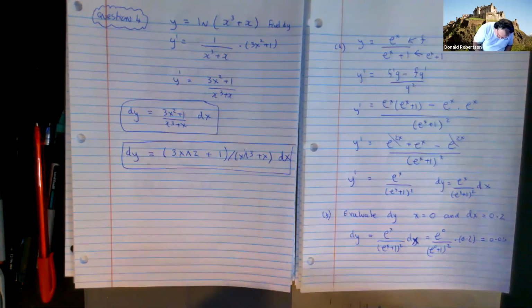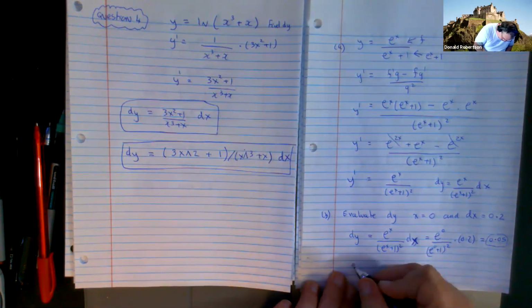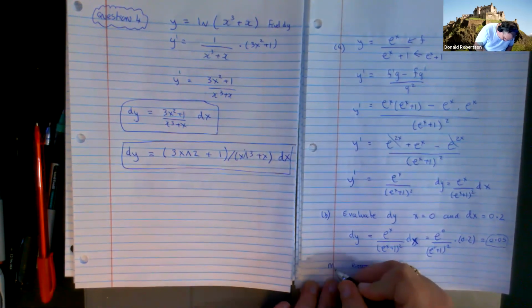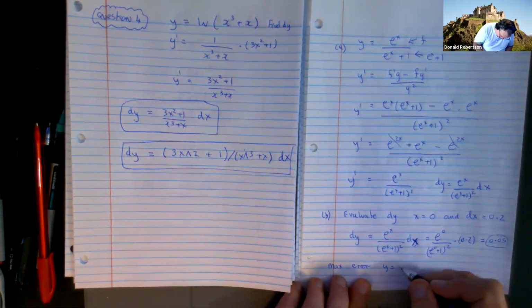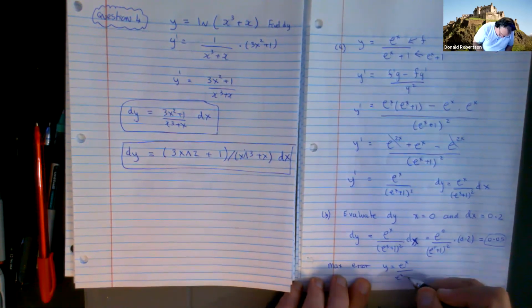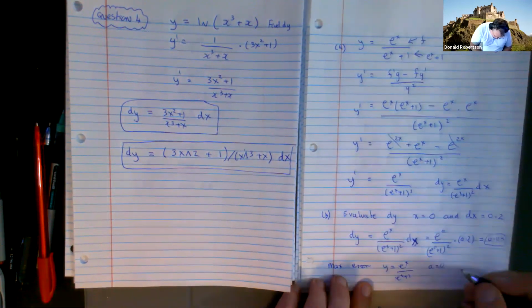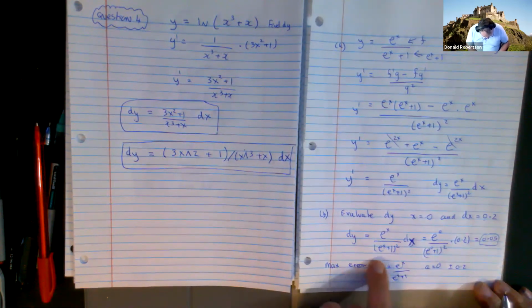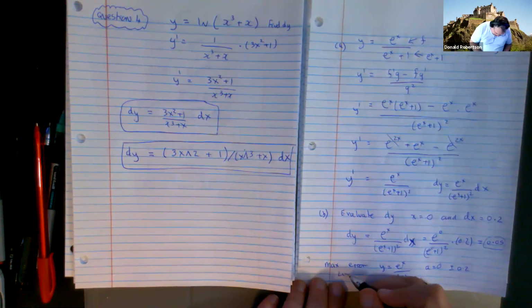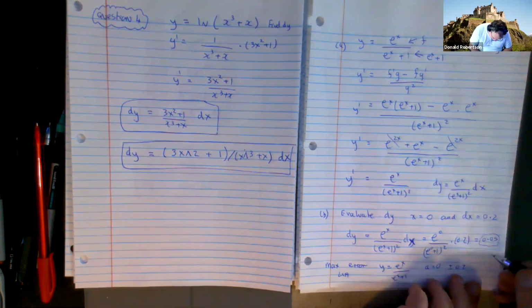So if you're kind of wondering, what does this dy tell me? It's essentially a measurement of the error. It's telling me that the maximum error for using the function, this fella here, using a linear approximation at a equals 0, and only going plus or minus 0.2, the dx, the maximum error that you get by using the linear function on this fella at 0, give or take 0.2, is that number.